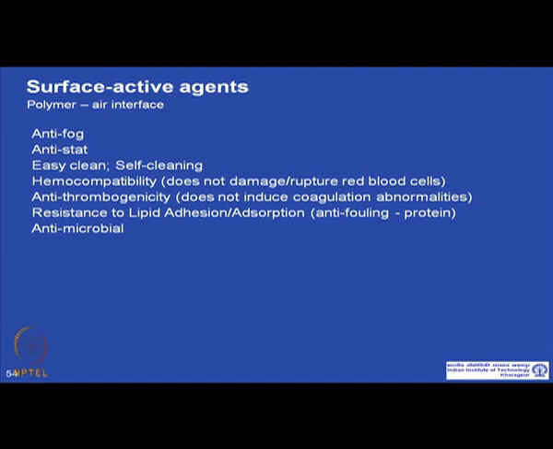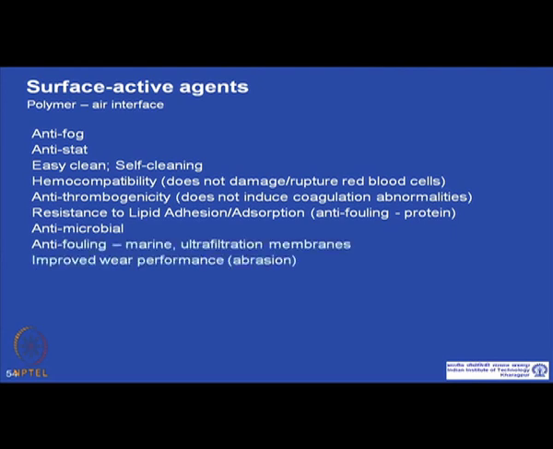Typically surface active agents are used for this purpose. There are other surface active agents used to improve the mechanical properties of polymer surfaces, like scratch resistance and improved wear performance, and so on. Then there are some other specific examples like anti-glare and anti-piracy. These are some examples where surface active agents are used.